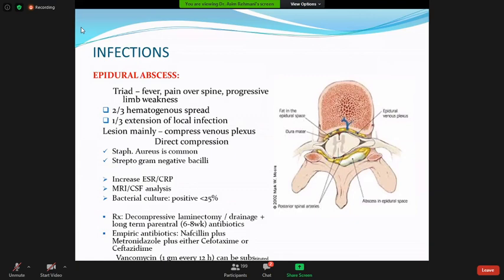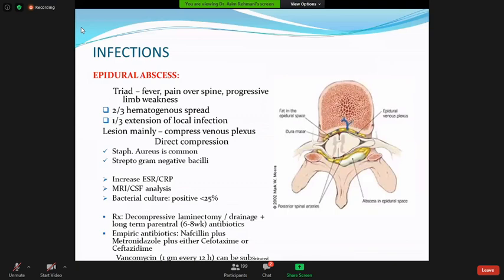The mainstay of diagnosis is the history and examination, followed by blood workup like ESR and CRP.